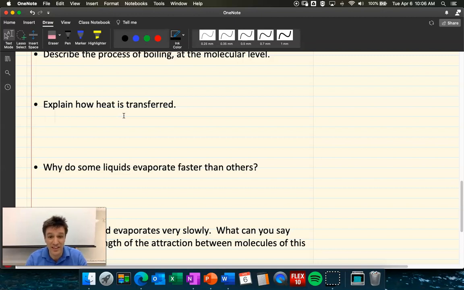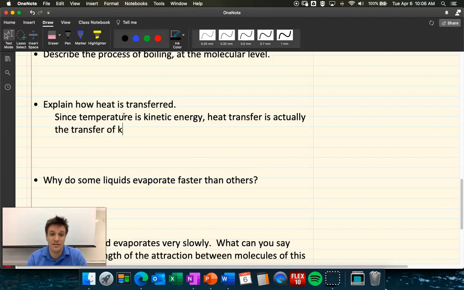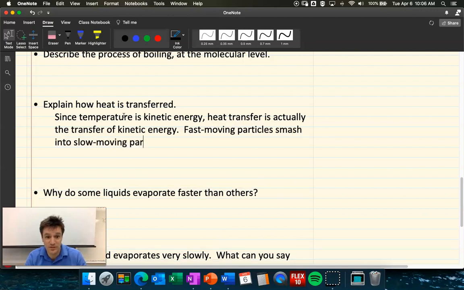So really all that heat transfer is the transfer of kinetic energy, okay? Since temperature is kinetic energy, heat transfer, okay, so an easier way to say that is fast-moving particles smash into slow-moving particles, which gives the slower ones more speed, right?